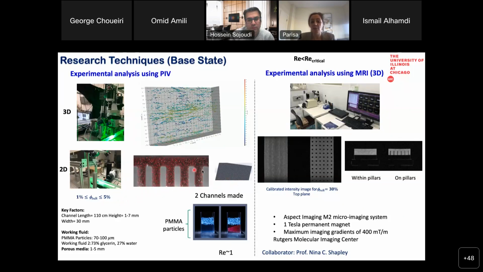Here is one of those porous structures, which is made of rods. We want to add more particles and go even to 40% suspension, which would be of interest to some of those oil companies and also in some other scenarios such as biomicro devices.